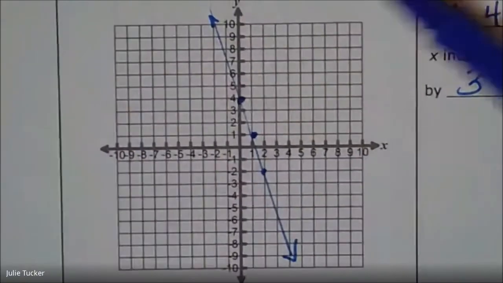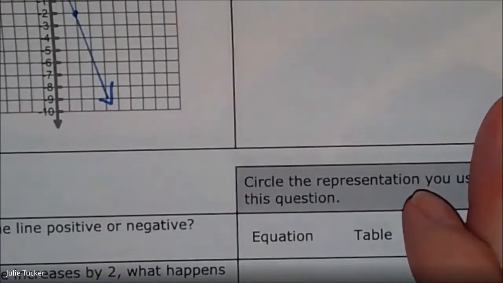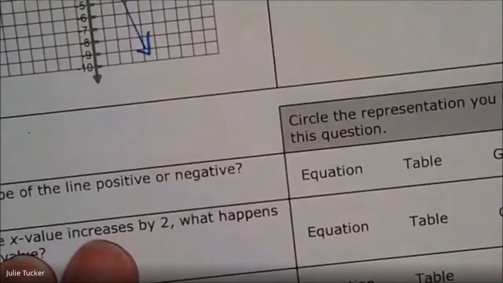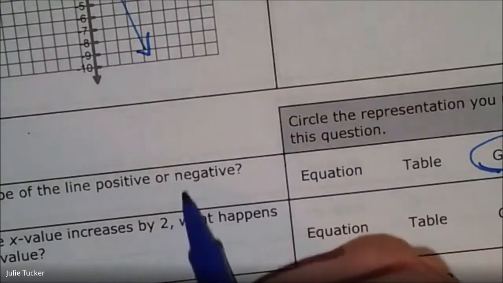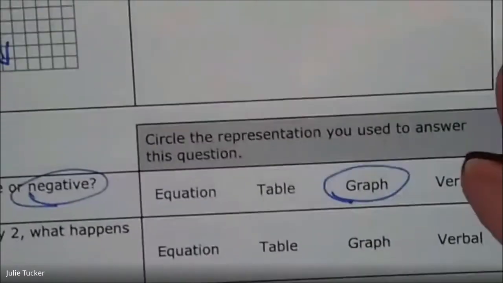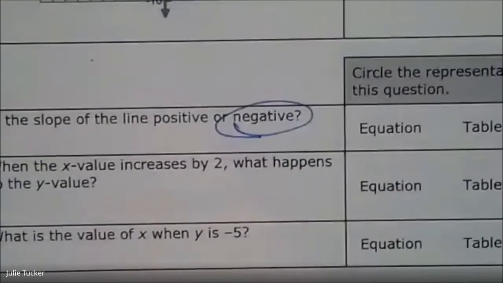Is this a positive or a negative slope? Negative. Good. All right, so when the x value increases by 2, oh, you can't see, I'm sorry.